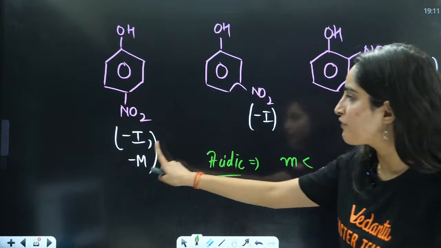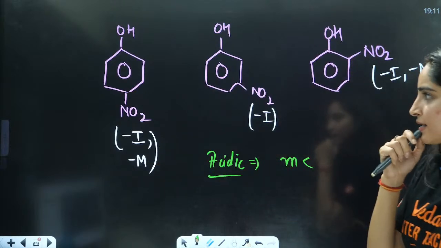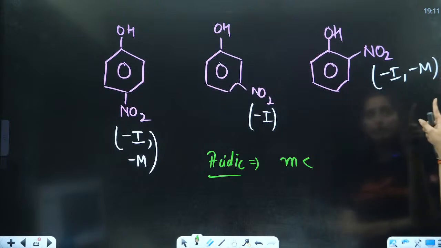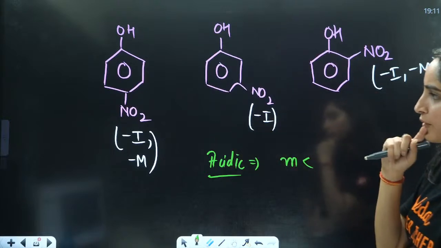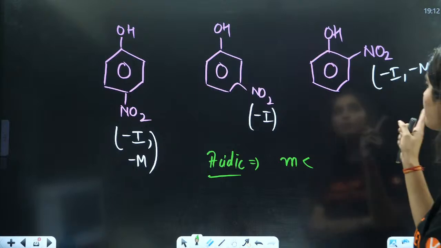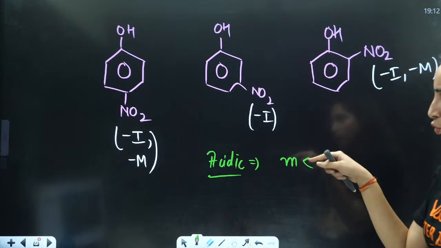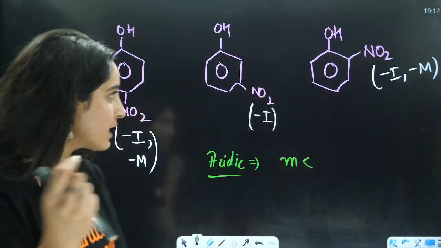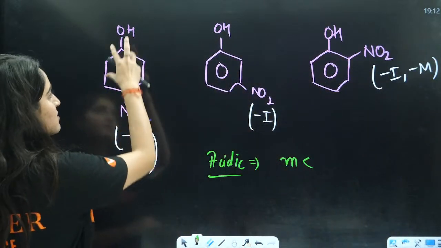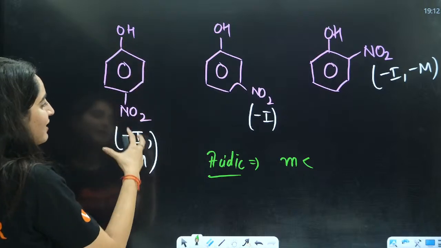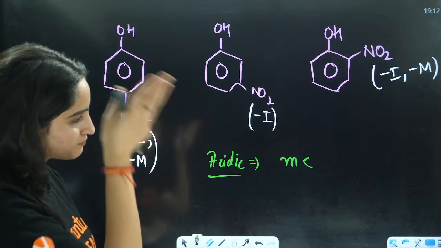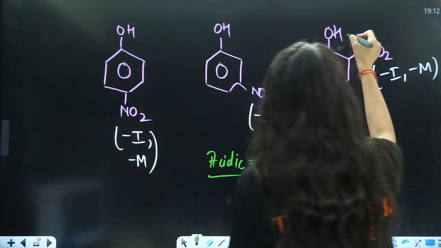Then compare para and ortho. As you can see, here it is showing minus M, here also it is showing minus M. So minus M is the same for both, but minus I operates via distance. So here the distance is more, that is why the minus I effect will be less. But one more thing here, it is having hydrogen bonding.